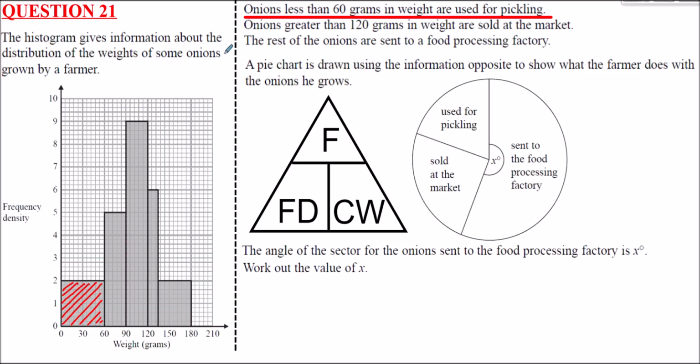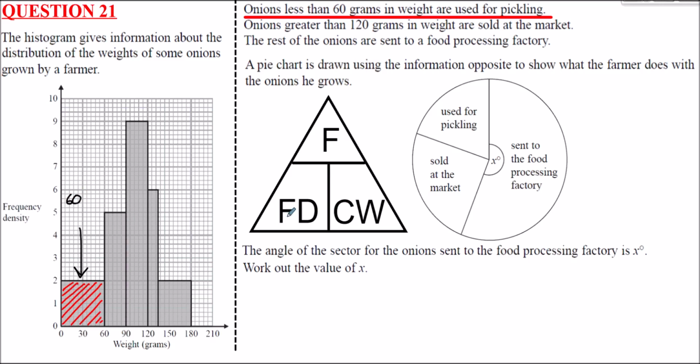Now, we can use this equation here to work out the total number of onions, the frequency, in this box. So for these ones here, frequency is frequency density multiplied by the class width. Sorry, the class width is 60.